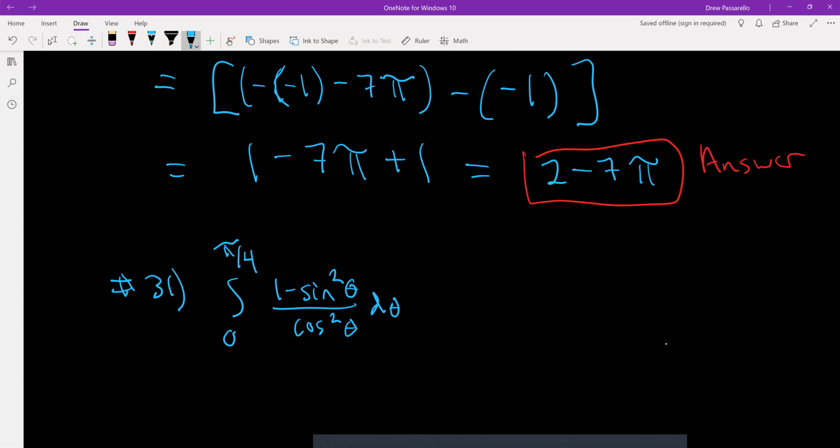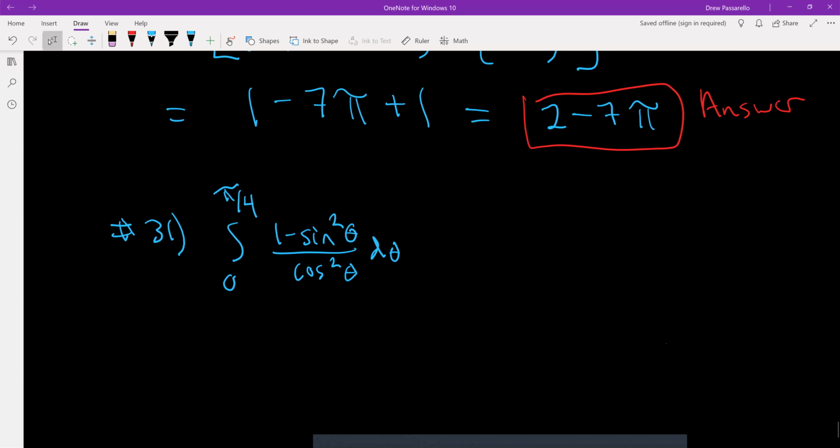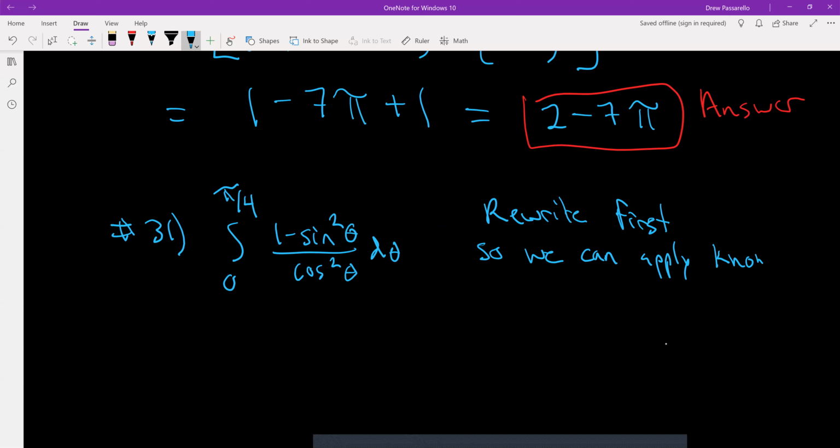And there's nothing on the integration table that we have for sine squared or cosine squared. So I need to do some rewriting, so that we can apply the known integration rules.